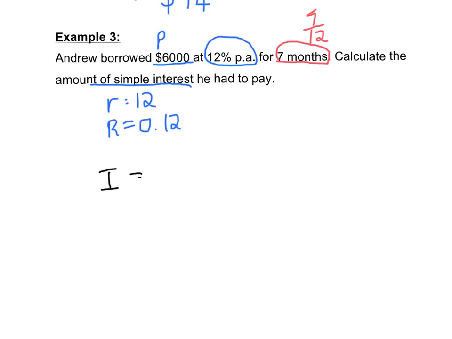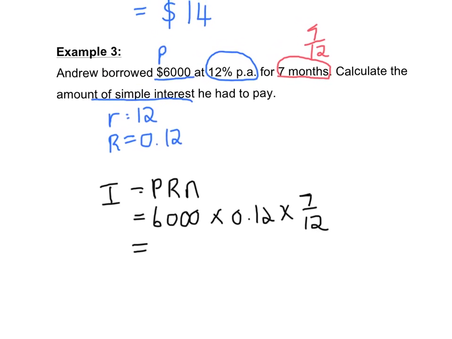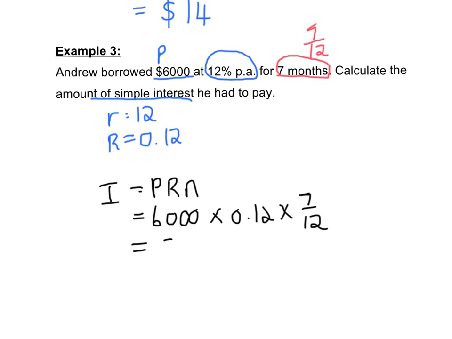I equals P times R times N. The principal is 6,000 times the interest rate times 7 over 12. I calculate that and Andrew will need to pay $420 interest for borrowing that money for 7 months.